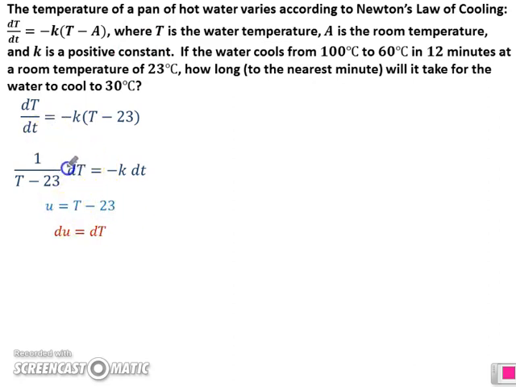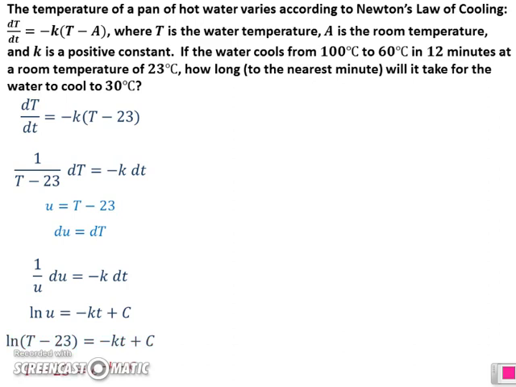So we can replace this with a du and this with the u. And you end up with 1 over u du. That is a natural log. You can't just integrate this. Technically, there's substitution going on. And you end up with the natural log of u. This, again, is a constant, so this is negative kt. And then you have the plus c over here. Let's put the u back in. This is really T minus 23.